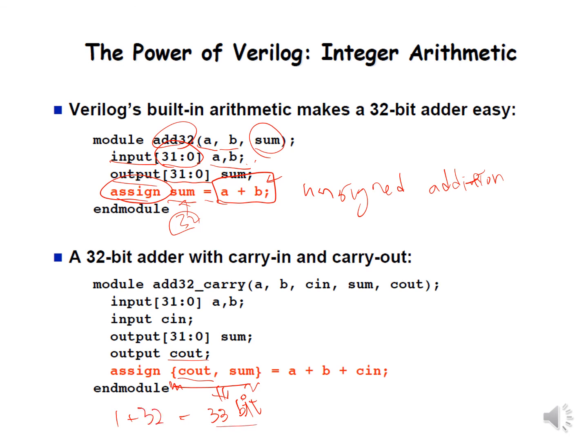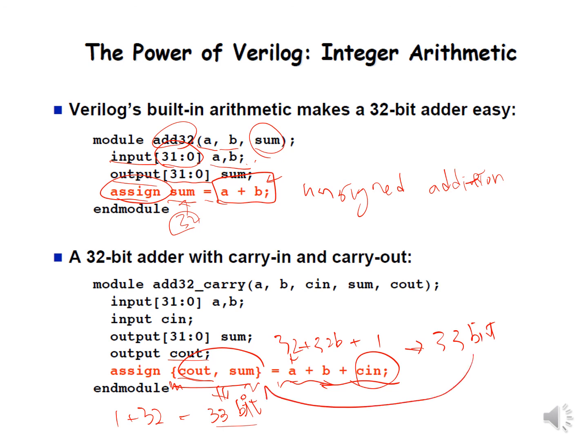So the total output is assigned by A plus B plus Cin. Then the carry out signal can also be obtained by this kind of assignment. This is 32-bit plus 32-bit plus Cin, which is 1 bit, right? The total 33-bit output is assigned to {Cout, sum}, right?